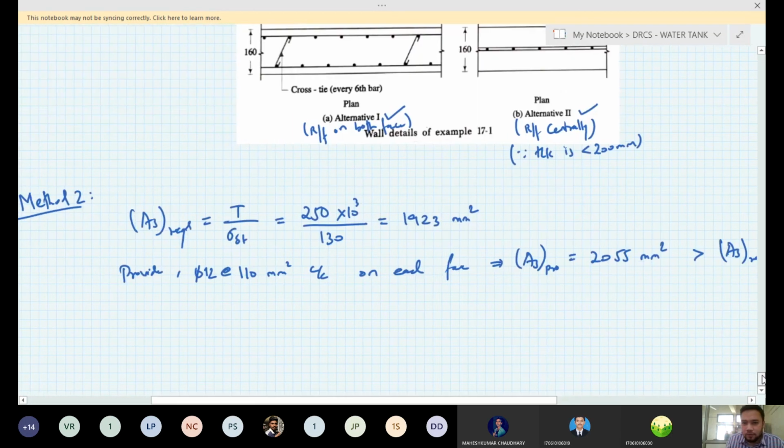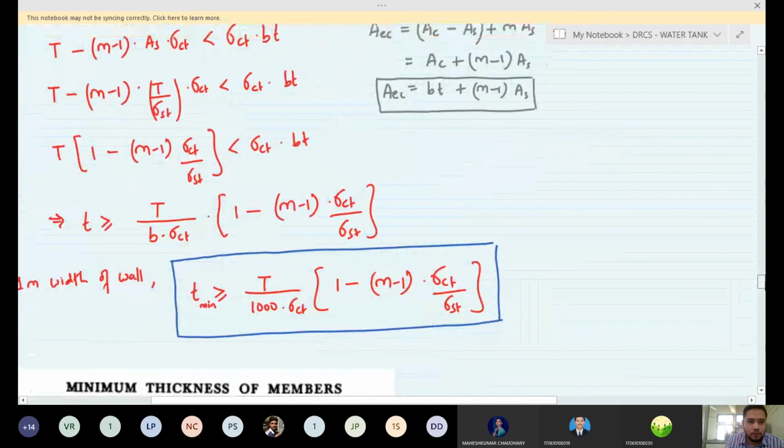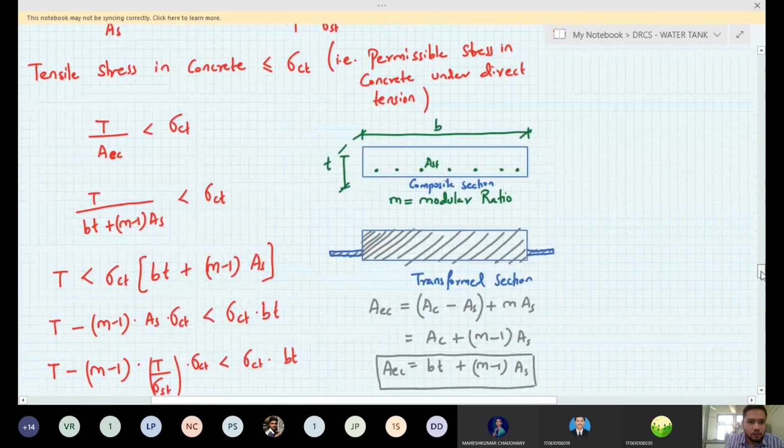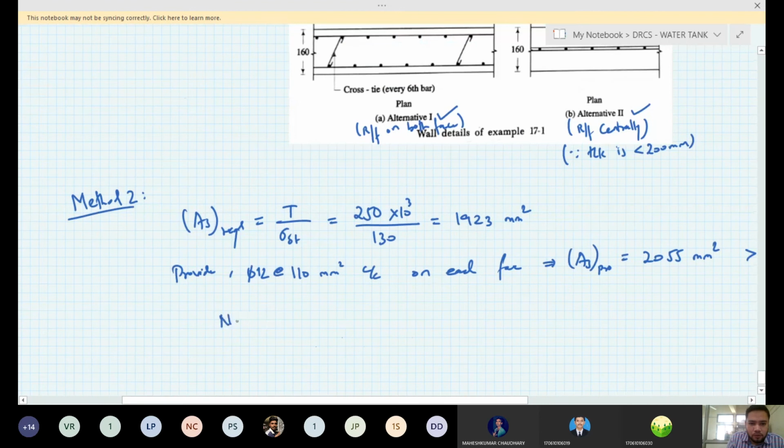Now from this formula, the sigma CT, you equate this with this. So sigma CT is equal to T divided by B into T plus M minus 1 into AS. This is the formula.